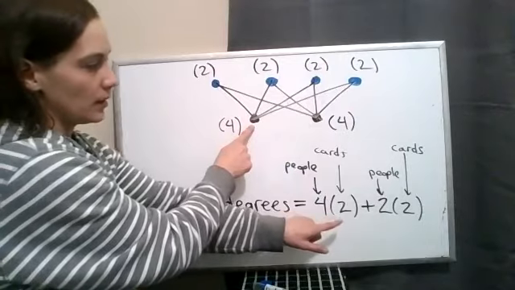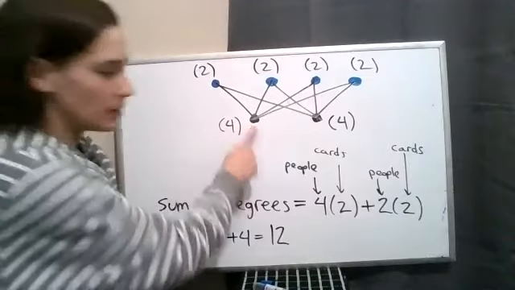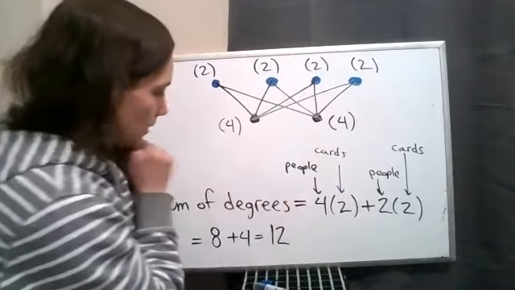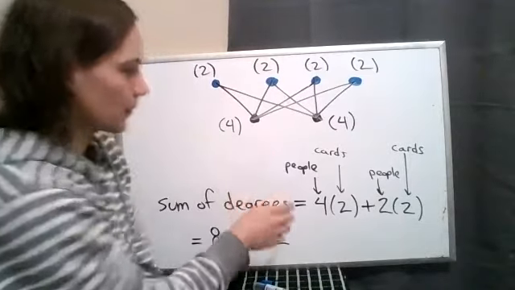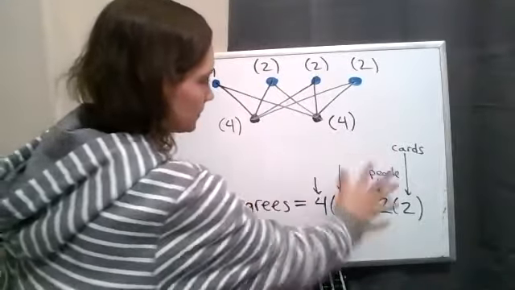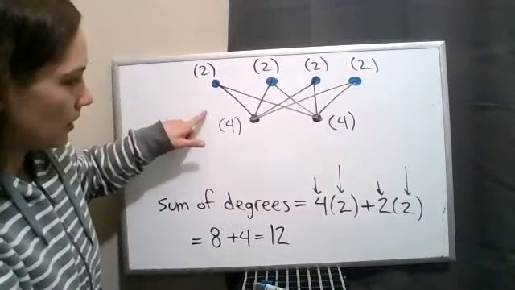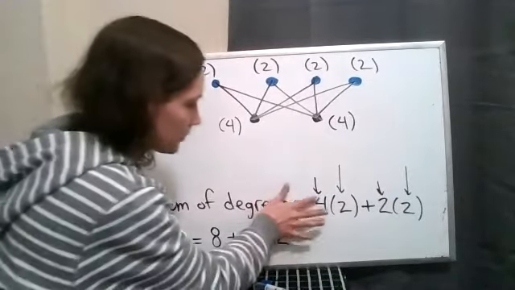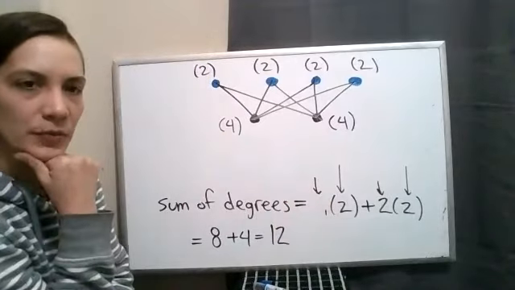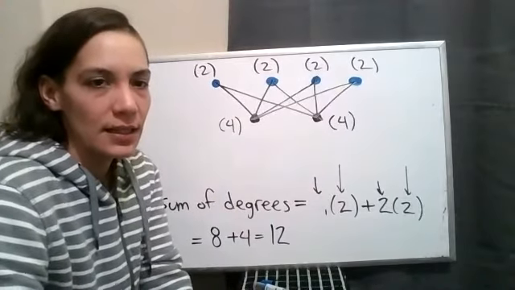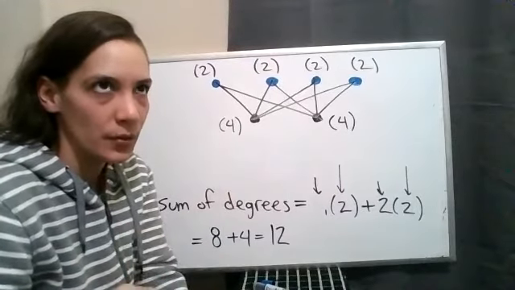Wait. I think I may have this backwards. I have these mislabeled. Oh man. What was I thinking about this before? When we read the problem, it says 2 people get 4 cards, so 2 vertices with degree 4.